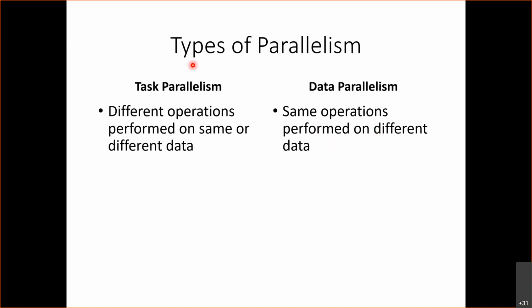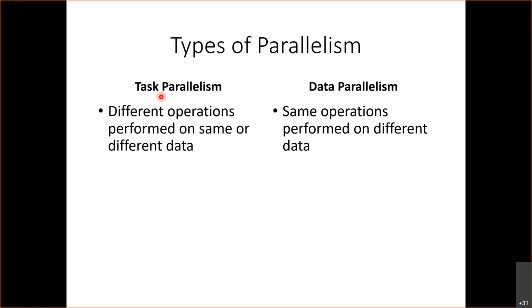So an application may have multiple tasks. Some of these tasks may be dependent on each other, or some of these tasks may be independent of each other and can run in parallel, okay? And that is an example of task parallelism. For example, maybe you're using Microsoft Word, and you have your editor that is editing the text, and then you also have a spell checker that's running in the background.